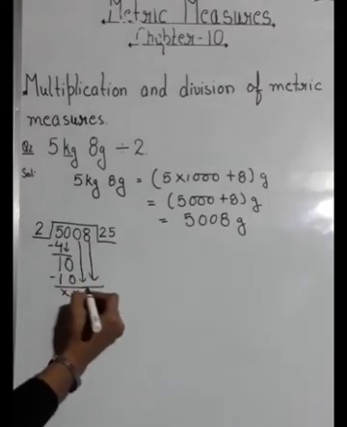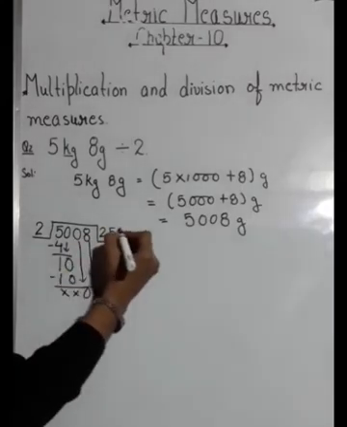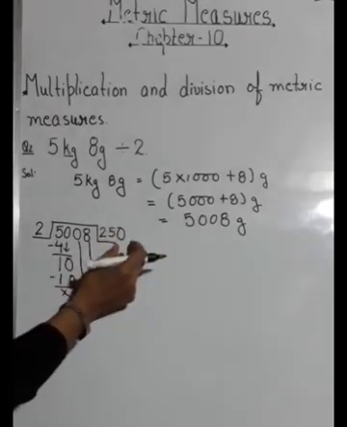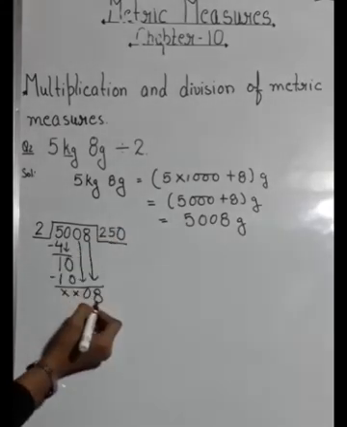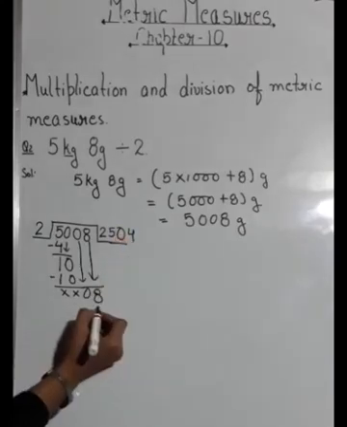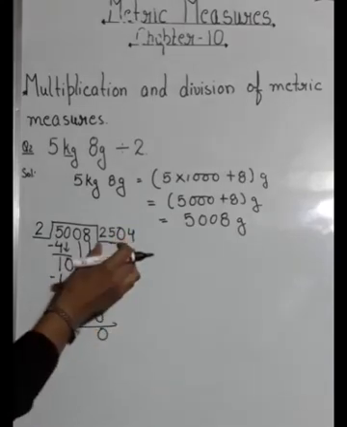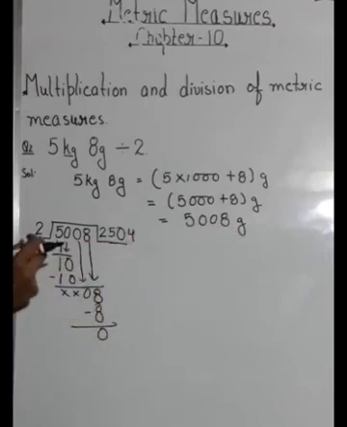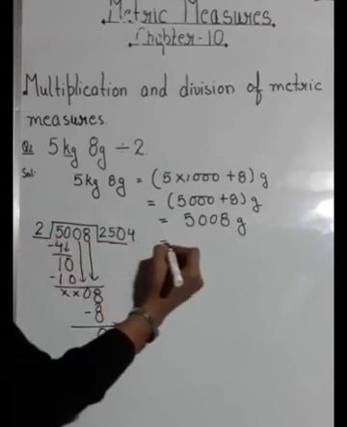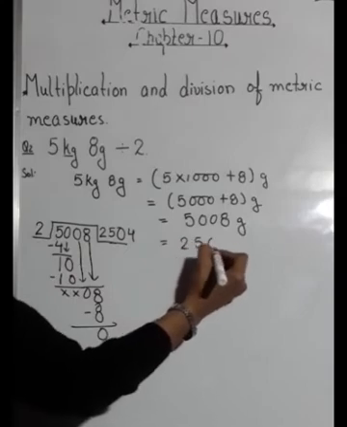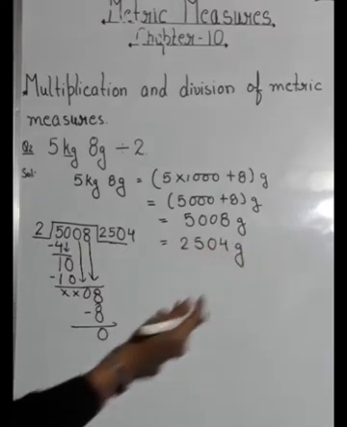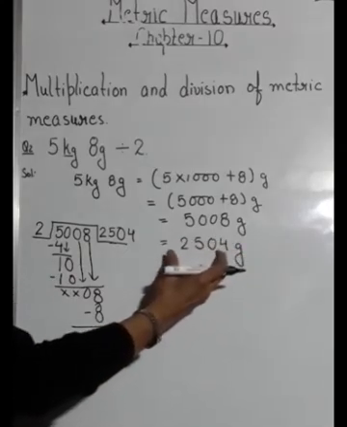Okay, so I have copied this, and when you are copying 2 digits you have to put 0 over here. Okay, now it is 8, so 2 4s are 8. Okay, and when you subtract it, what you are getting? 0. So after dividing this 5008 by 2, what you are getting? You are getting 2504 gram. Clear? So don't leave your question over here.